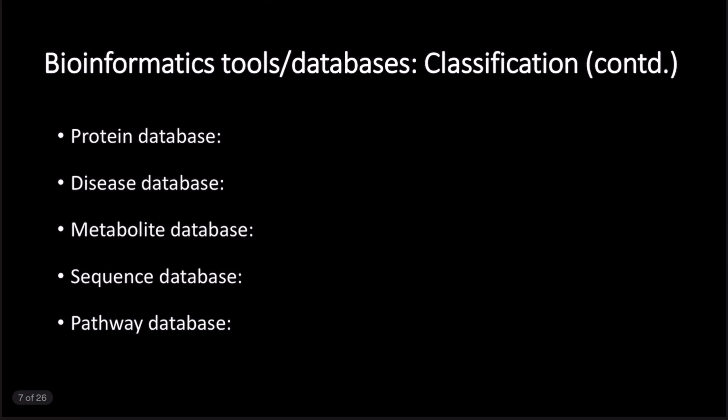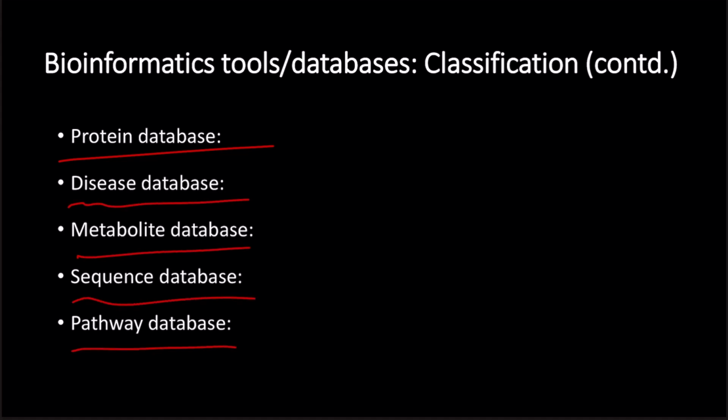Now coming to the final method of classification, we can classify the bioinformatics tools or databases into protein databases, disease databases, metabolite databases, sequence databases, and pathway databases. In protein databases, it is simple from its name that we will be understanding the different protein structure, then the amino acid sequence, and the protein interactions can also be seen. Then in disease database, we will look for different diseases.